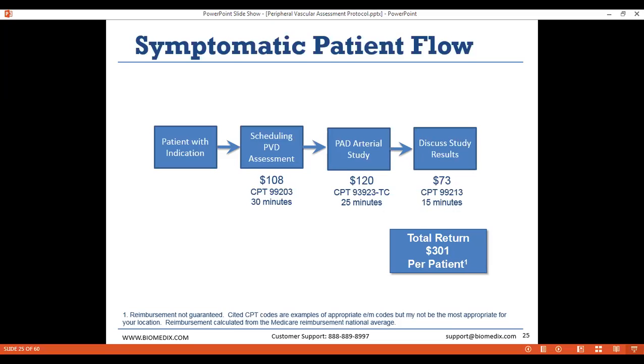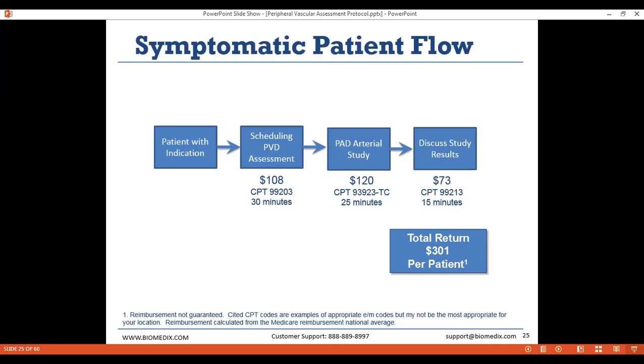Now, obviously, we're going to talk about reimbursement a lot over the next few slides. So I want to take a second and highlight that we can't guarantee your reimbursement. The CPT codes that I'm citing are examples of appropriate E&M codes, but a cardiovascular professional working in Illinois is going to have different requirements and different leeway about how to bill for E&M codes than, let's say, a podiatry office in New York.